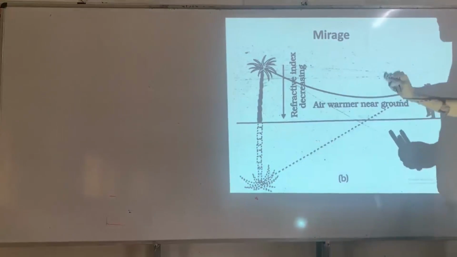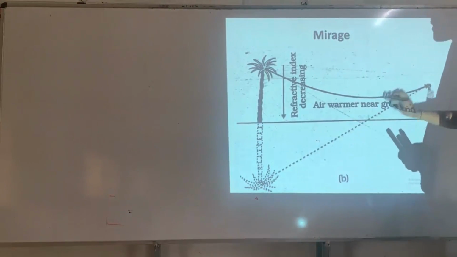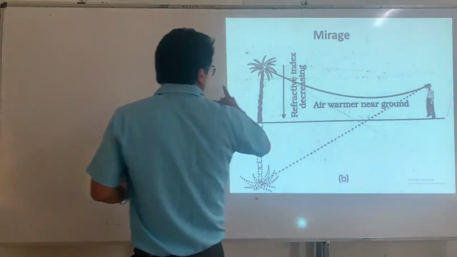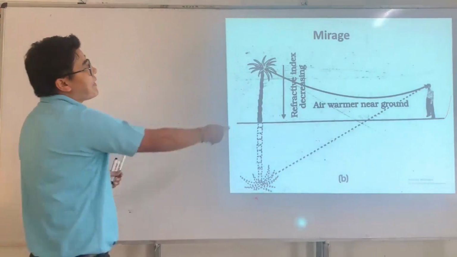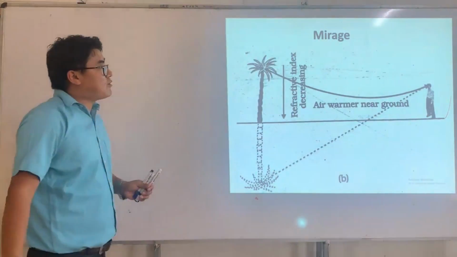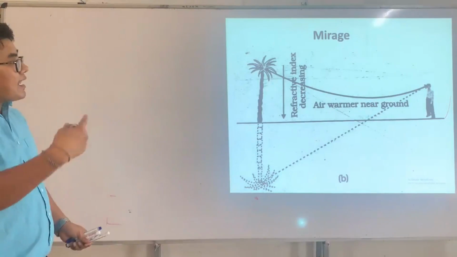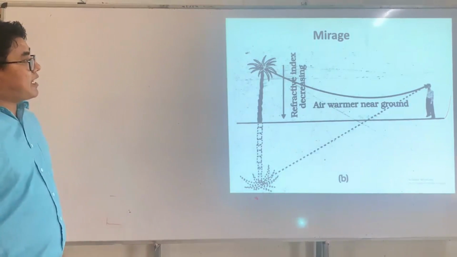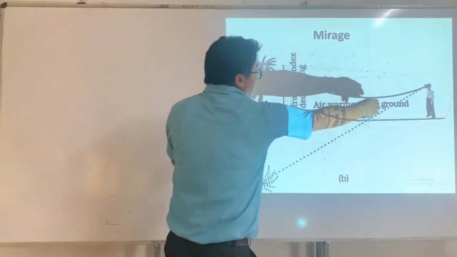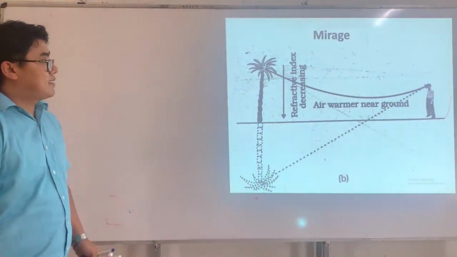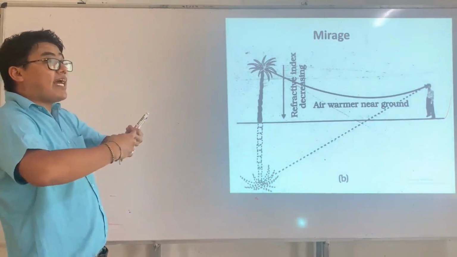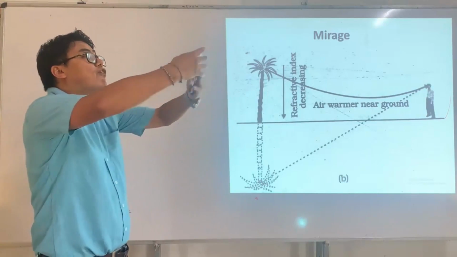One thing is that the temperature difference should be a little high. Another point is that the distance should be a little far apart. Therefore you see that the apparent water goes away from you.